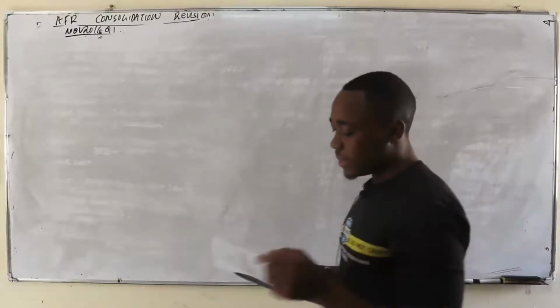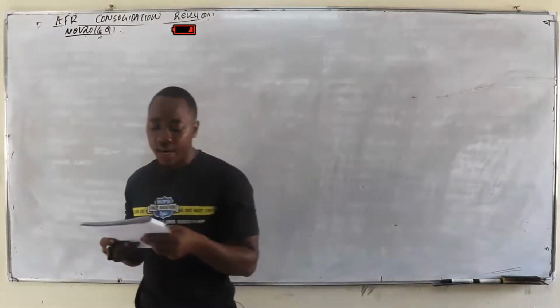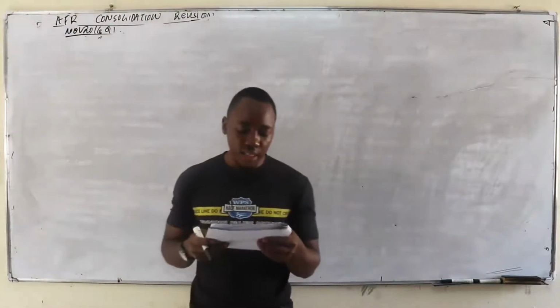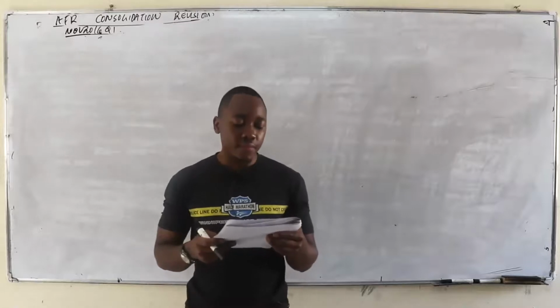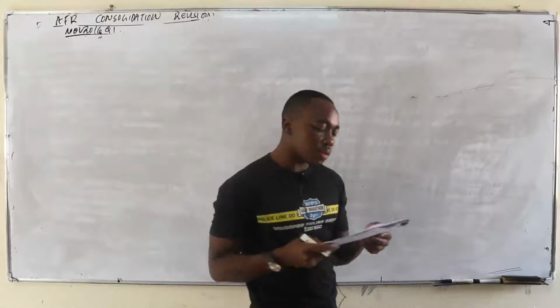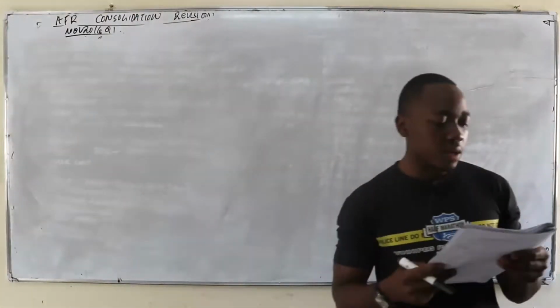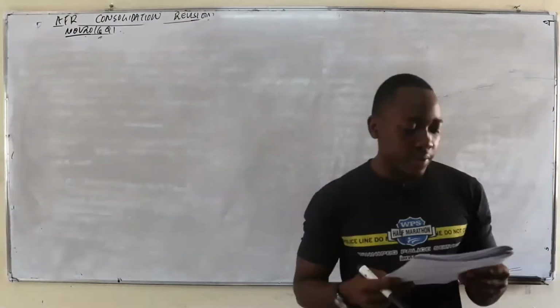A public limited company based in Rwanda. H Limited acquired S on 1st May 2015. Can you understand that? 1st May 2015 for 1,200 million Rwandan franc, when retained profit of S Limited were 800 million Rwandan franc.